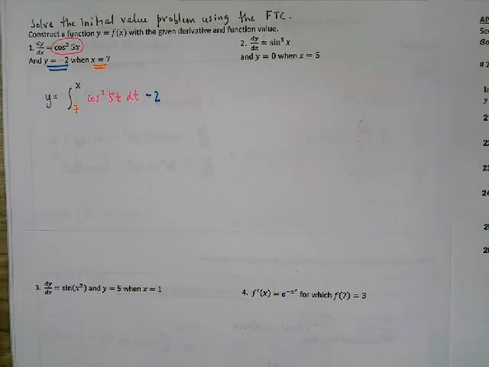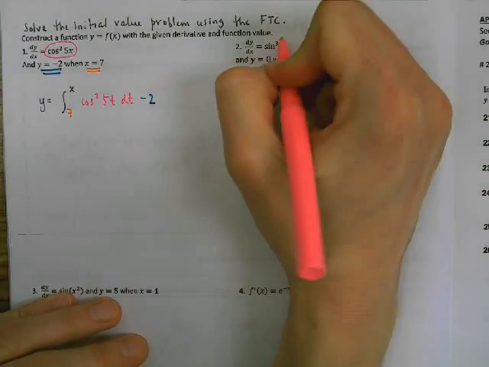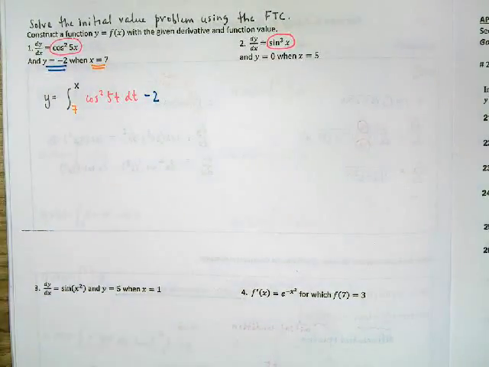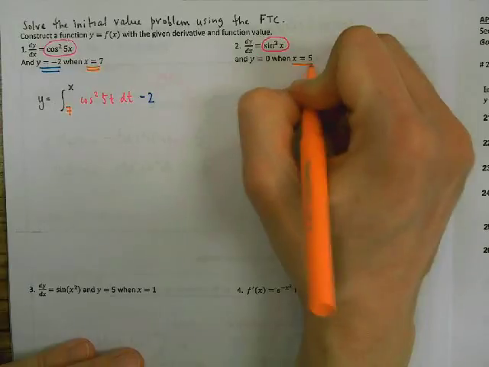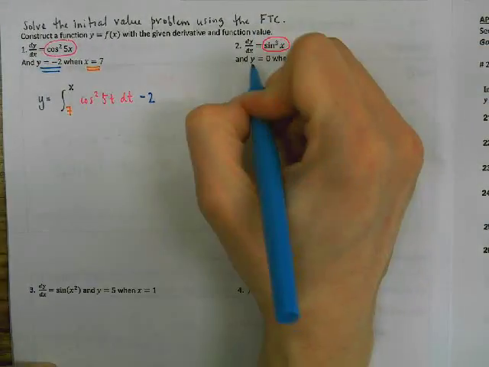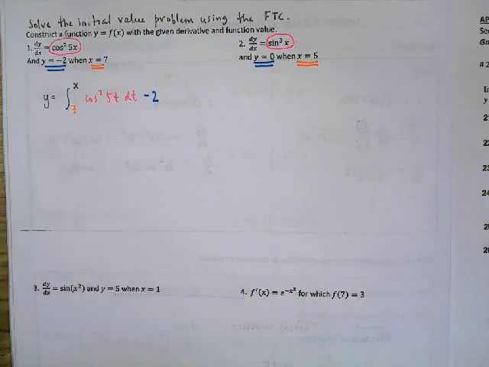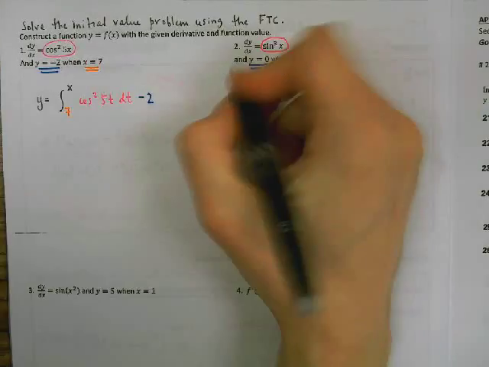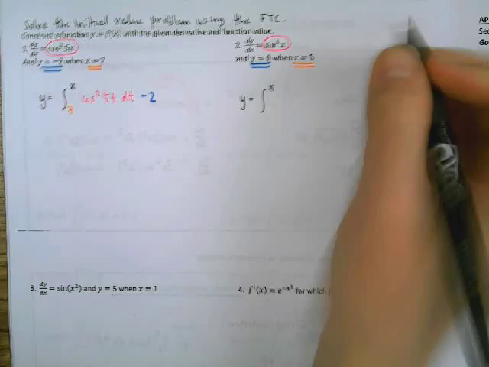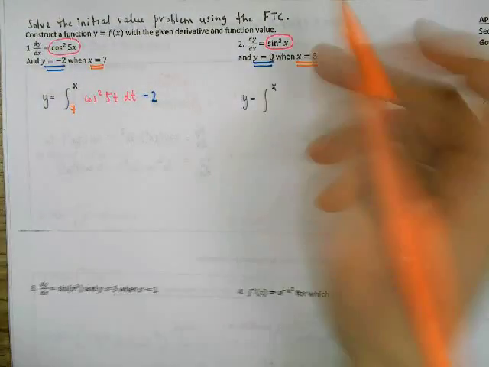Okay, so we're just going to run through a few more. Here's my derivative. That's going to be my integrand with a slight change to the variable. Here's my x value, which I know is going to become my lower limit of integration, and my y value, which is going to become that constant. So now I get y equals, again, I have the integral. The upper limit is going to be x.